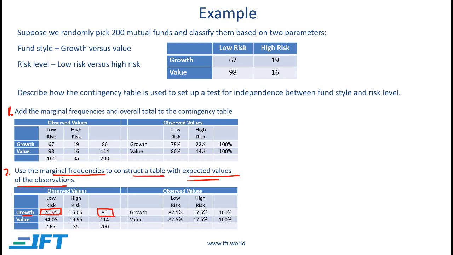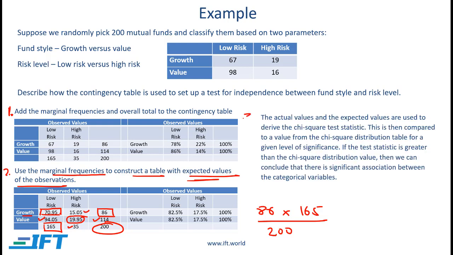So we take the marginal value for growth, which is 86, and we multiply this with the marginal value for low risk, that is 165, and then we divide by the total number, which is 200. This will give us 70.85. Similarly, to come up with 19.95, we will multiply this marginal value of 114 with 35 and then divide by 200. Just to make sure you understand this, make sure that you can come up with these two values.